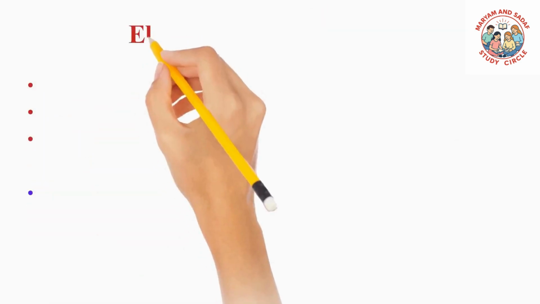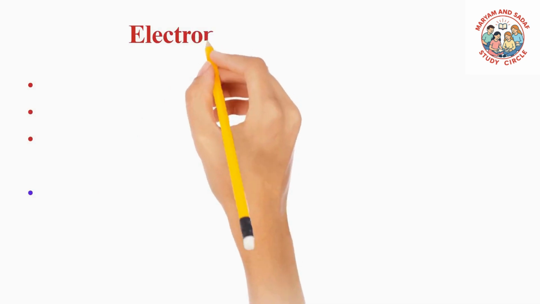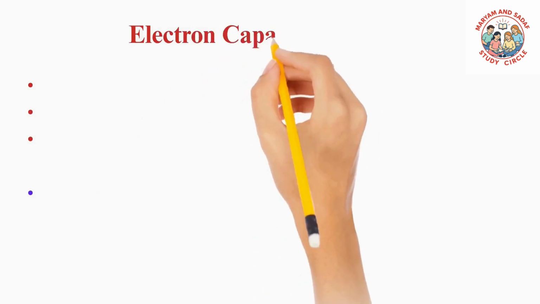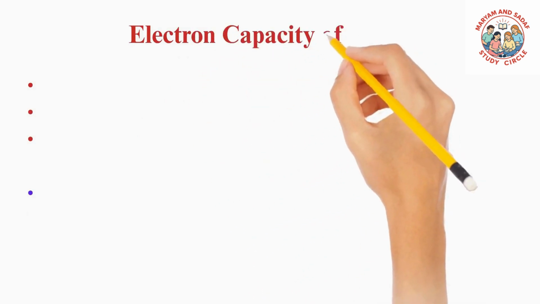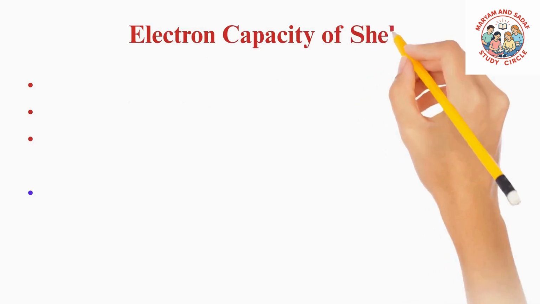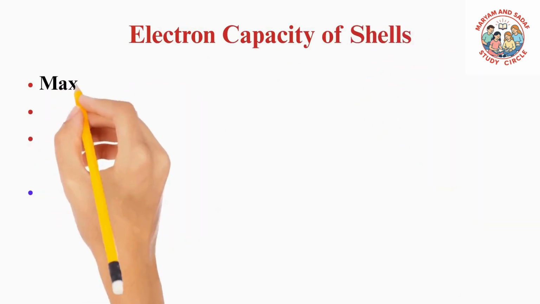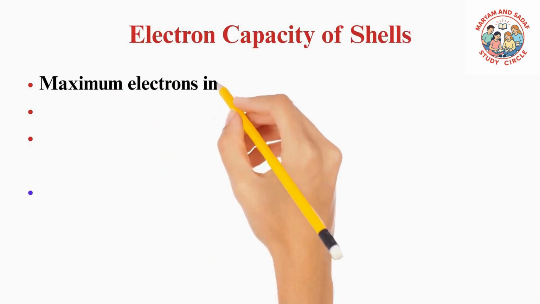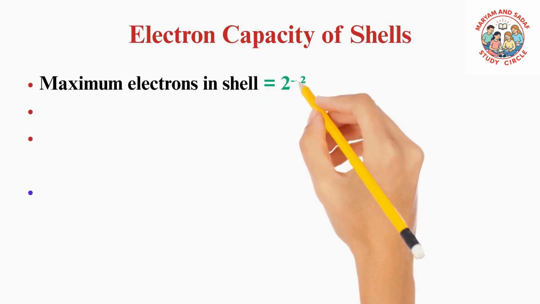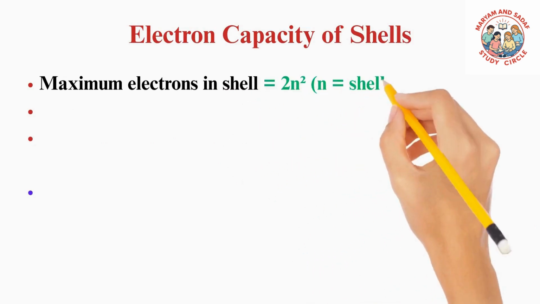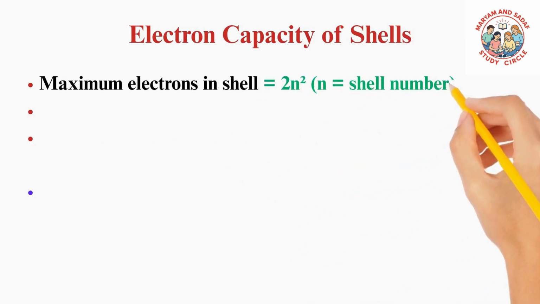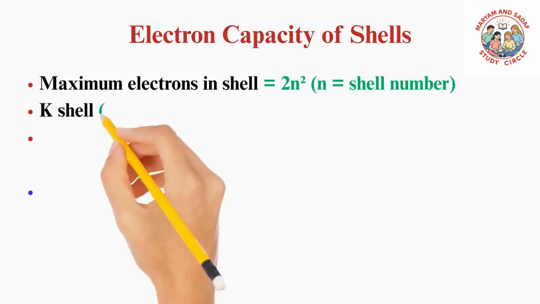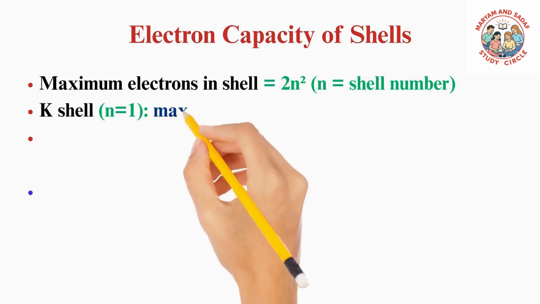Electron capacity of shells. The maximum number of electrons in a shell equals 2n squared, where n means the shell number. For the K shell, n equals 1, it contains a maximum of 2 electrons.